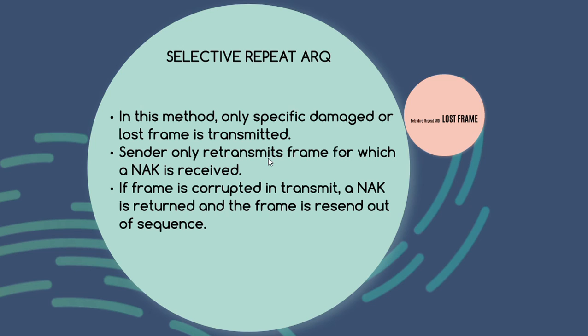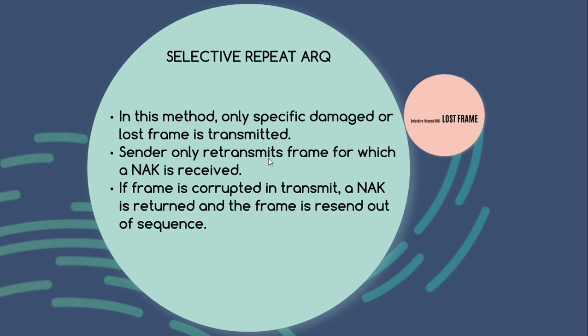Okay, in this method, only the specified damaged or lost frame is transmitted. The sender only retransmits the frame for which a NAK is received. So if a frame is corrupted in transit, a NAK is returned and the frame is resent out of sequence.